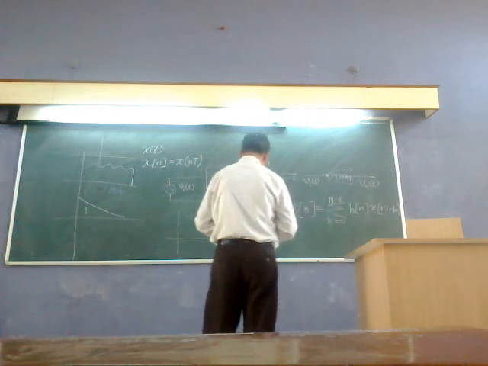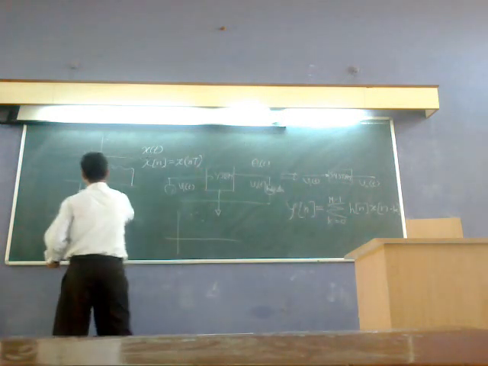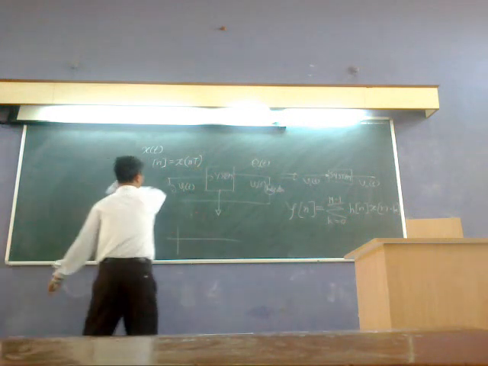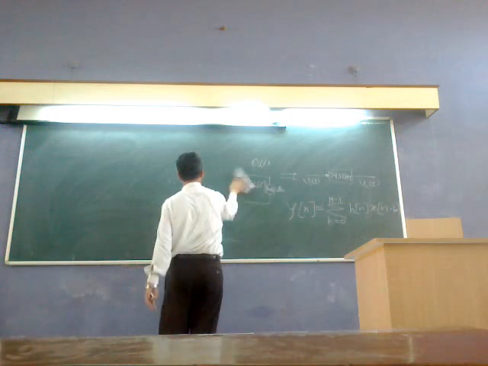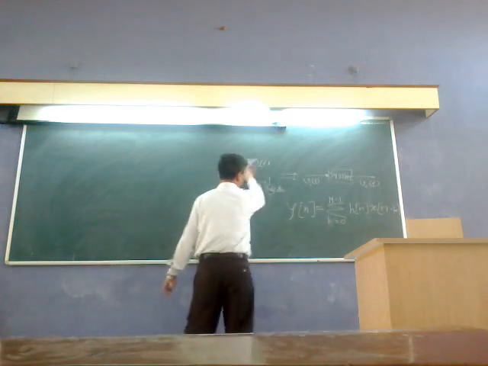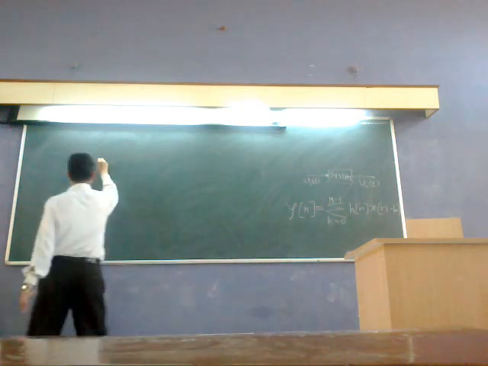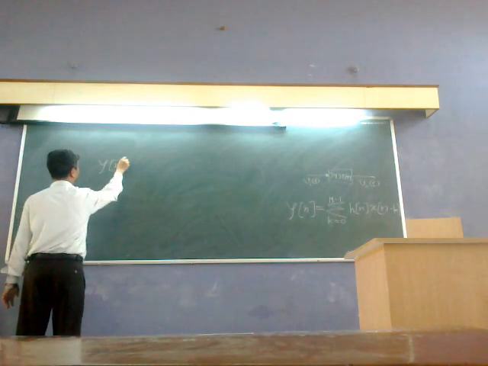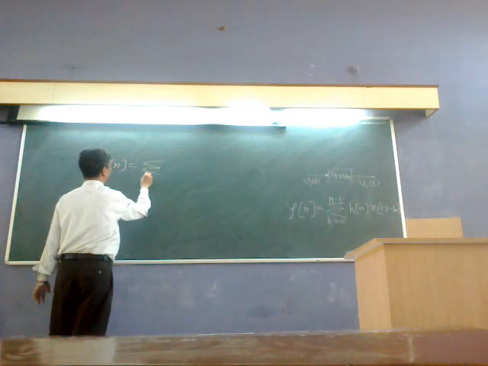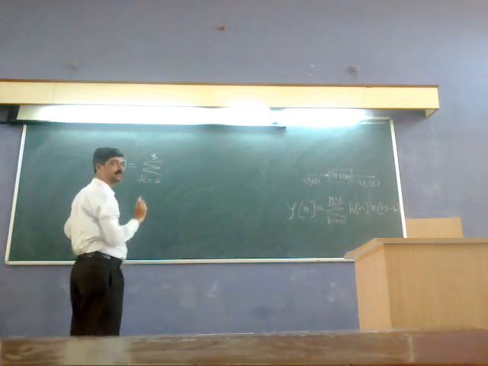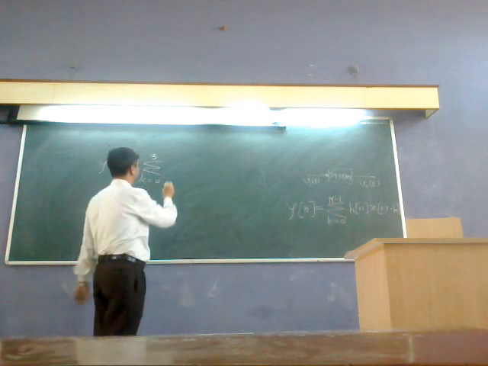Formulas sometimes unnecessarily confuse. Therefore, we make a small example. y[n] is equal to the summation, k equal to 0 to 3.